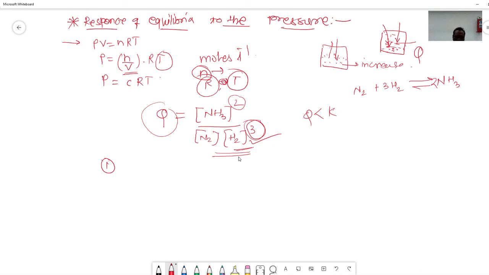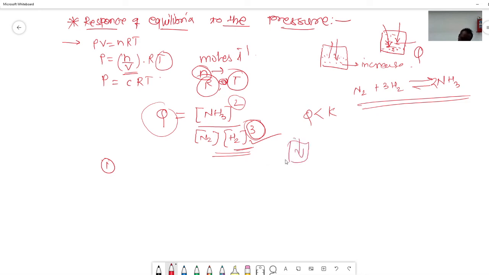Number two, if the balanced chemical change involves a change in the total number of moles of gases, the pressure is also changing, and the reaction mixture changes. What will happen to the value of Q for such a reaction when the pressure is increased?